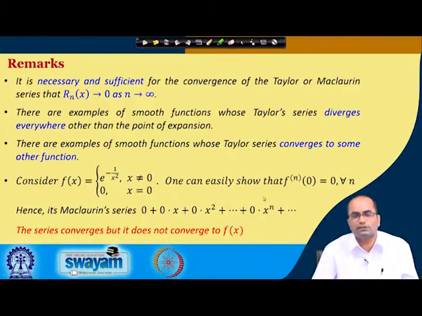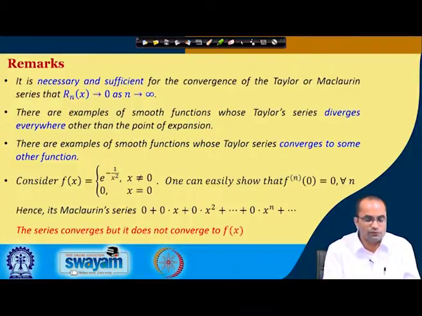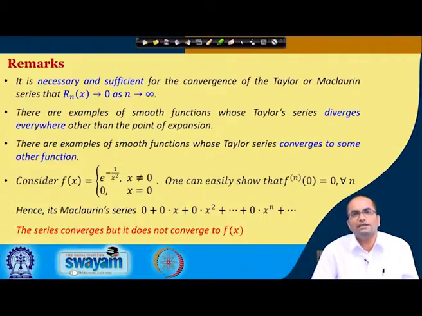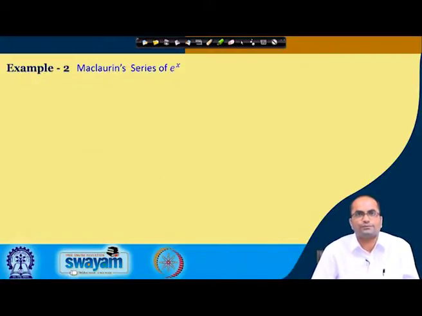That means the series converges for any x, the series is just 0, but it does not converge to the function. The function was e power minus 1 over x square for x not equal to 0. So it is a very simple example where we can see that these Maclaurin or Taylor series do not converge to the function.